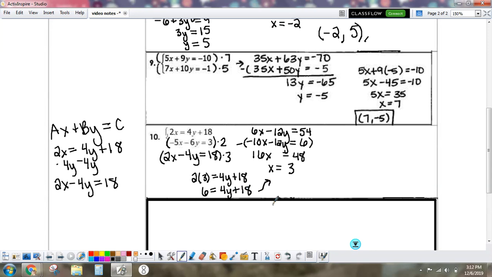Okay, so 6 minus 18 gets me a negative 12. Divide both sides by 4, and I get negative 3. So my solution here is 3, negative 3.